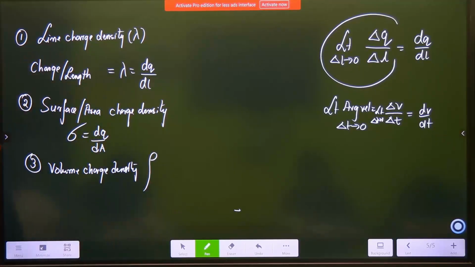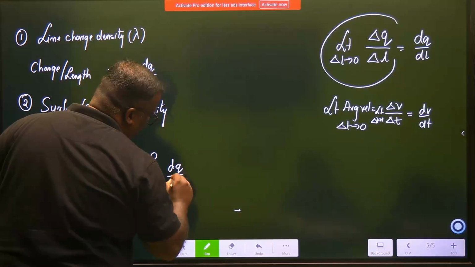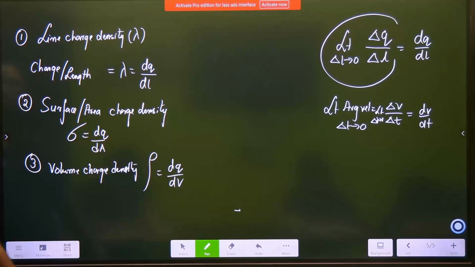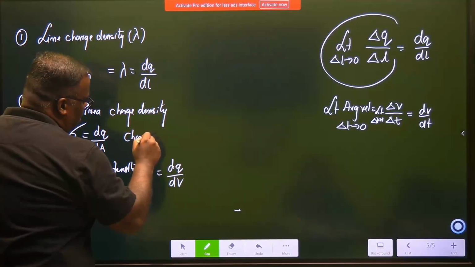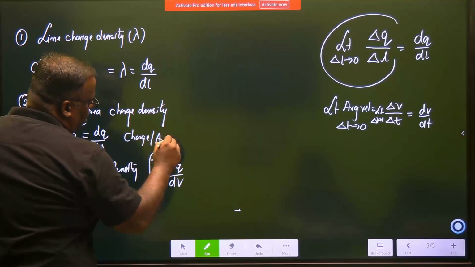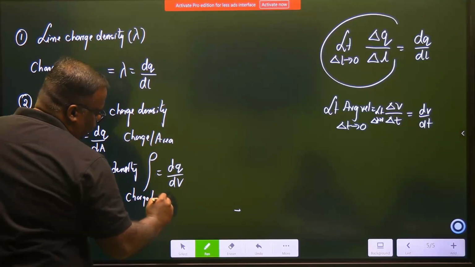Rho is the very good density symbol that we know, mass per unit volume. So it will be given by dq over dV. So this is charge per unit length, this is charge per unit area, and this is charge per unit volume.